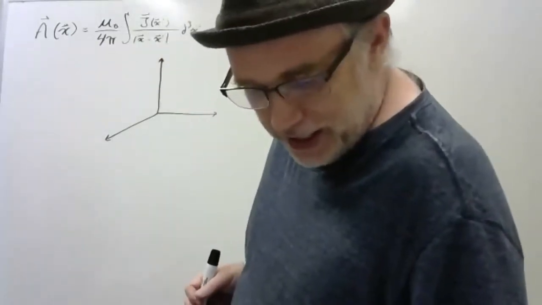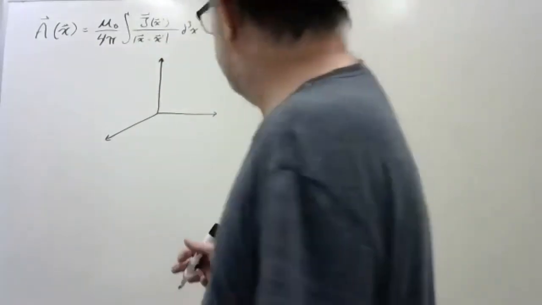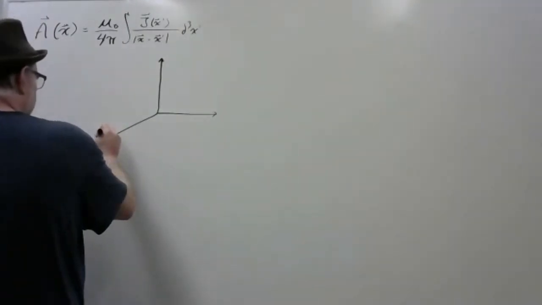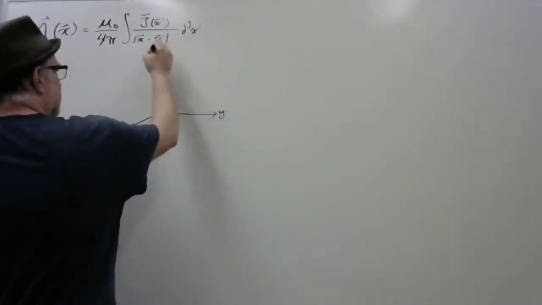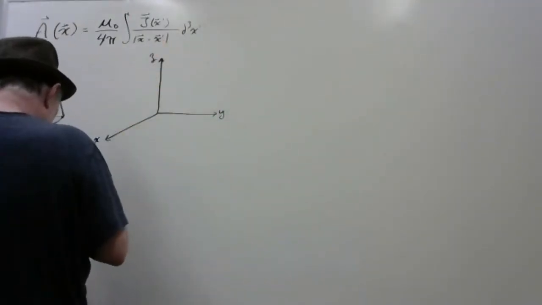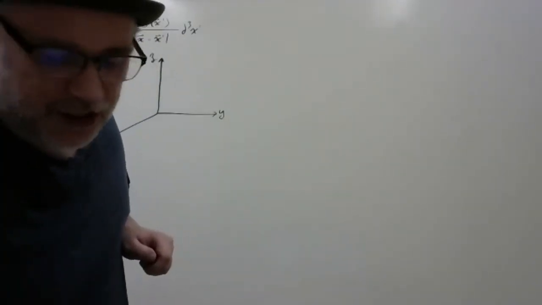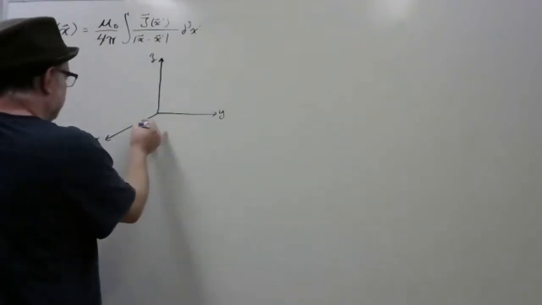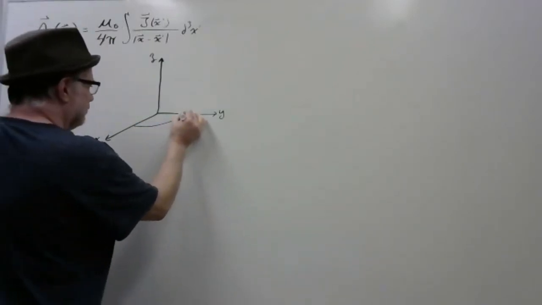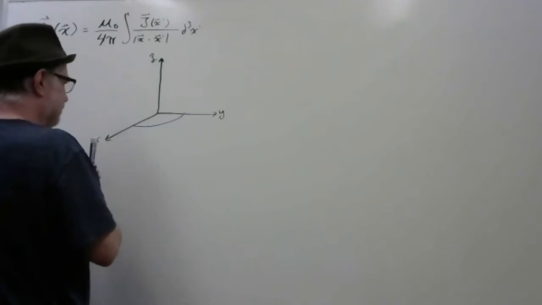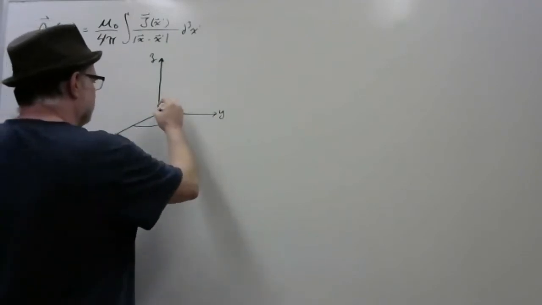And so they put the x and y axis here. Here's my x-axis. Here's the y-axis. So your current is in the xy plane, centered at the origin, of radius A. So here's the circle.